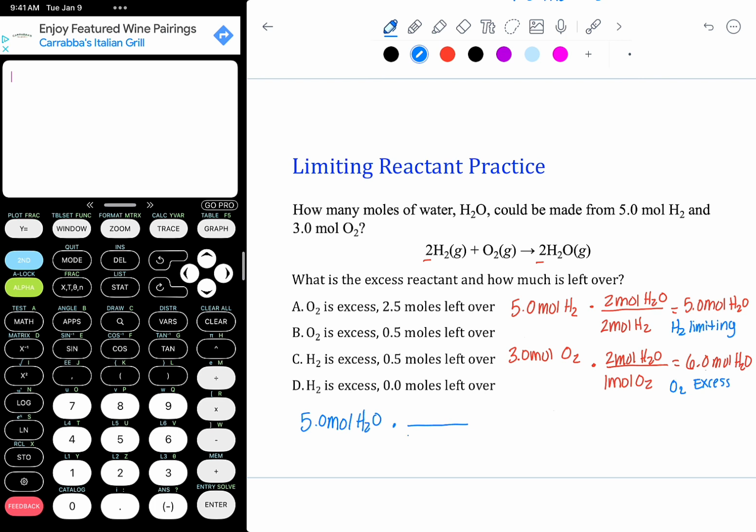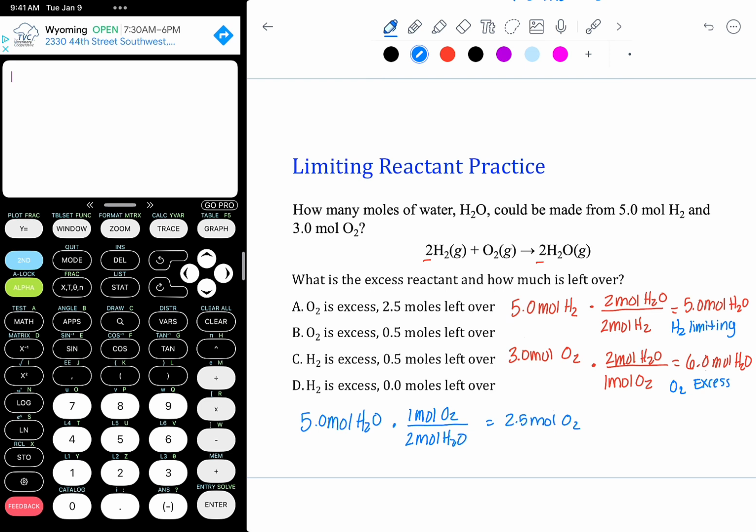So we have 2 moles of H2O and 1 mole of oxygen. This gives us 2.5 moles of oxygen. So I only needed to use 2.5 moles of oxygen in order to react with the 5 moles of hydrogen to create the 5.0 moles of water.